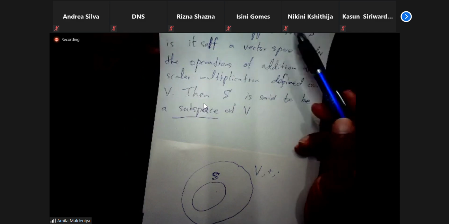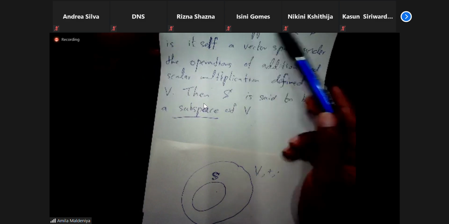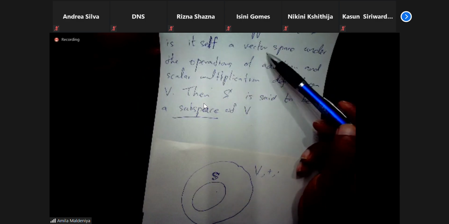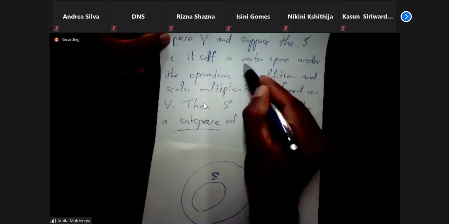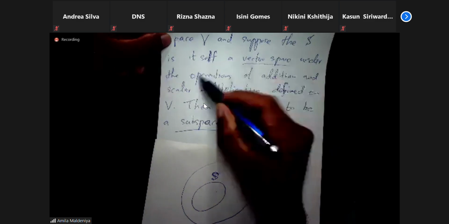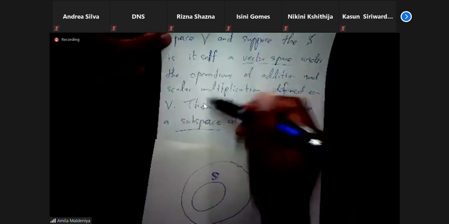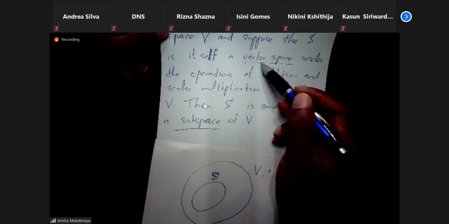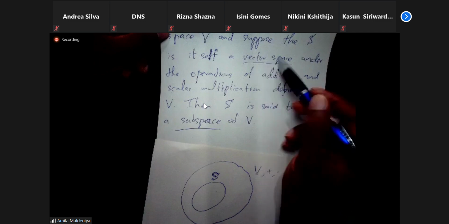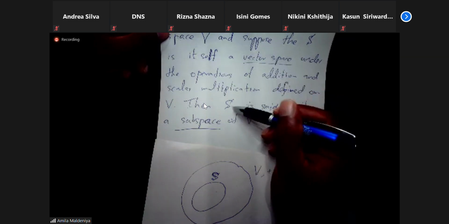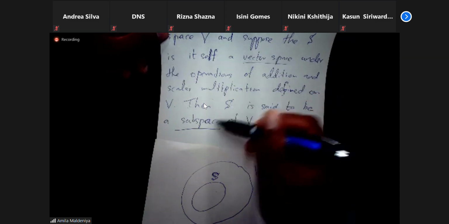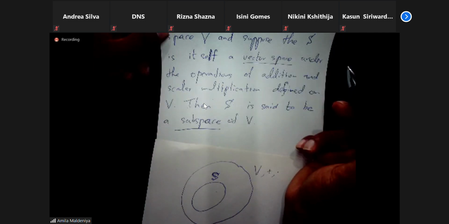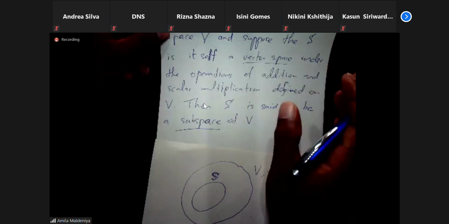Now if I complete that: let S be a non-empty subset of a vector space. Suppose that S itself is a vector space under the operations of addition and scalar multiplication. If that subset forms a vector space, then that subset S we call a subspace. So remember, a subspace has a vector structure.